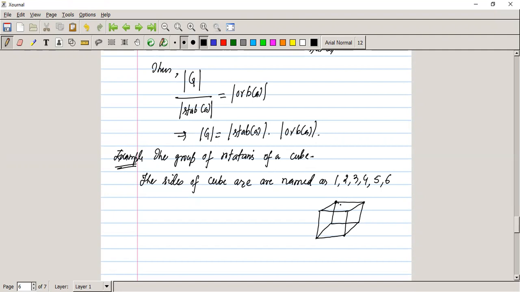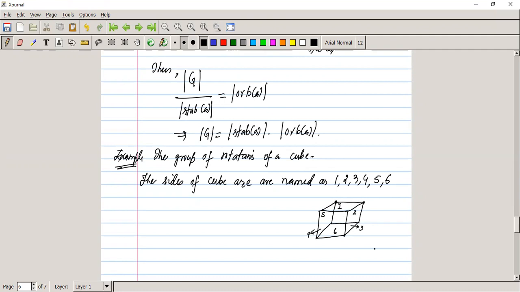Let this face be named as 1, and the face at the bottom be named as 6, suppose. The face at the back side, let's name that as 2. This is the face on the right side here, let's name this face as 3. The front face be named as suppose 4, and the face on the left hand side suppose be named as 5.